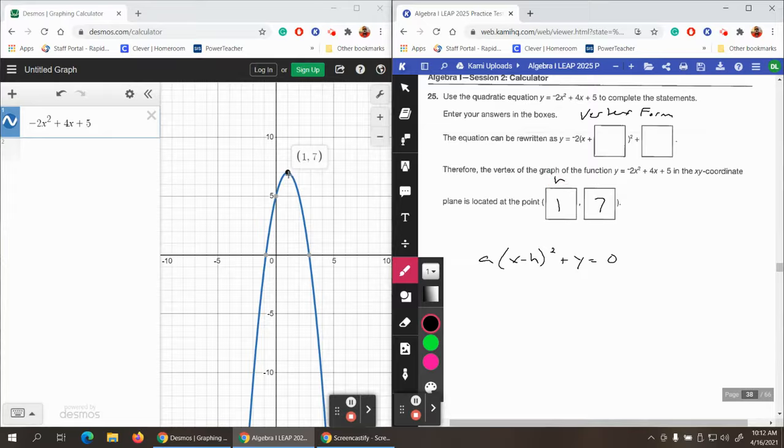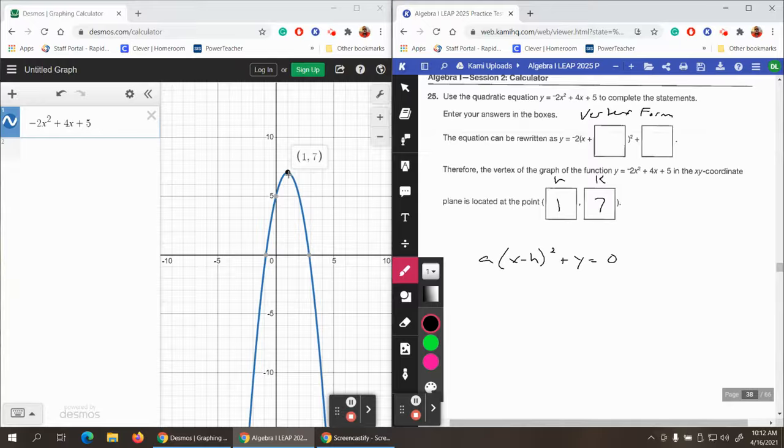H and k are your vertex. All right. And so if I would put these items in, I would actually get, because again, this is a positive one that I'm putting in, right?